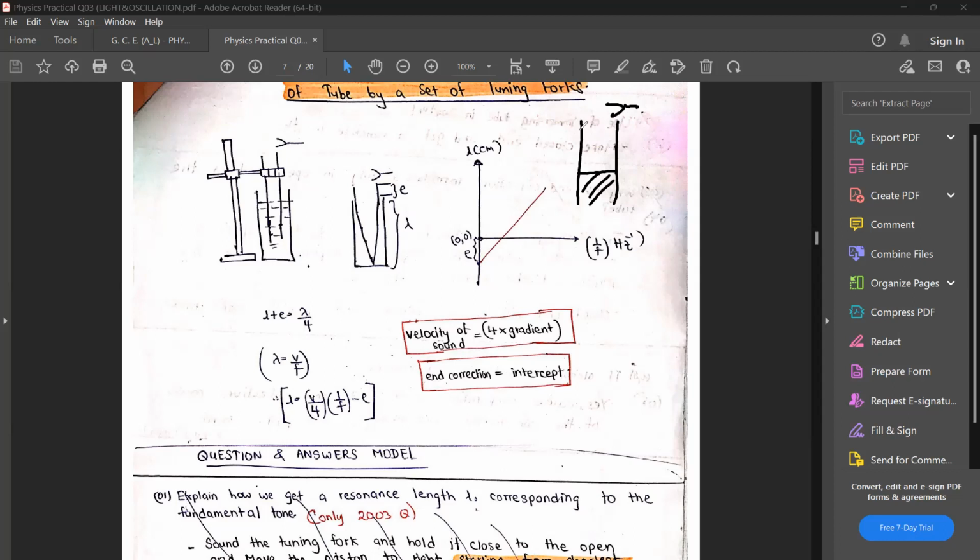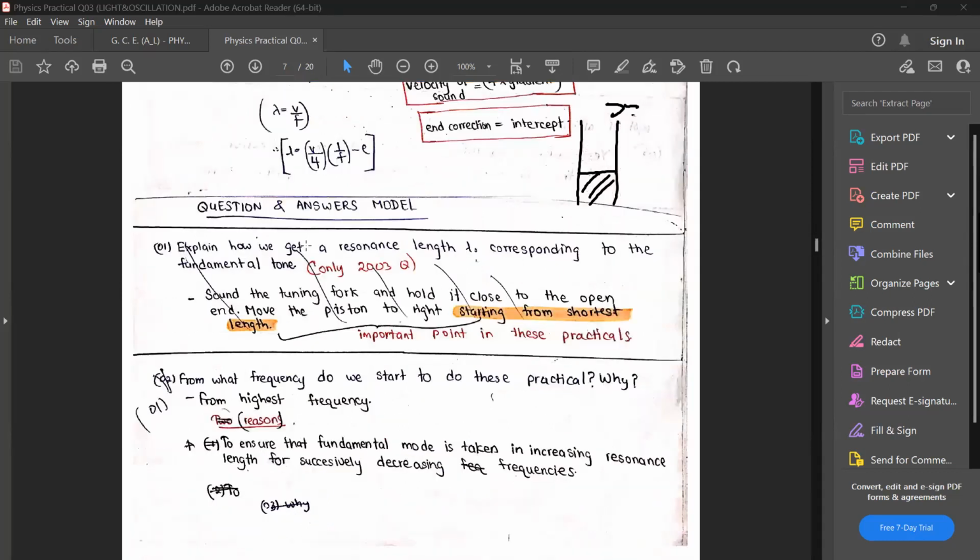We should start with the highest frequency. Okay. So if we start at the highest frequency, we can make sure the length is small and we have not missed the fundamental overtone. Okay. Right.